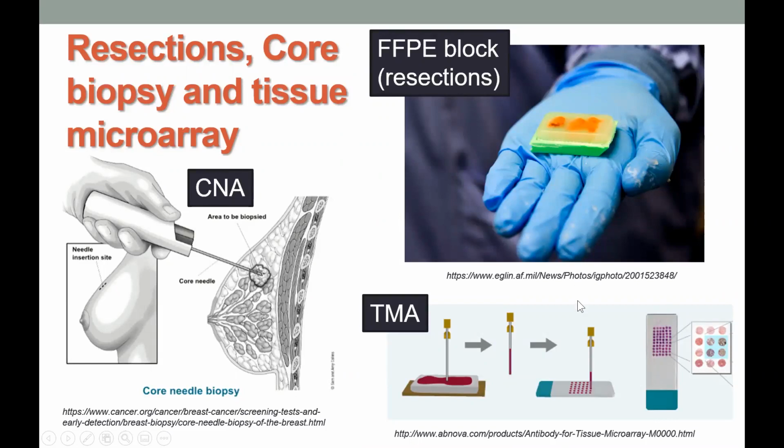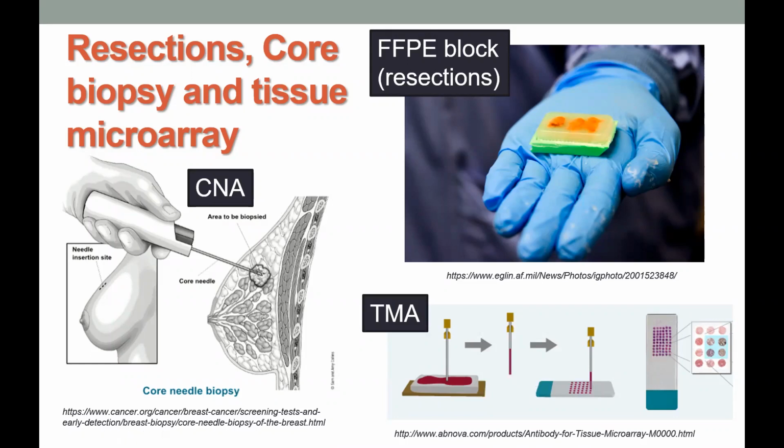But a lot of the time, given the limitation of our power to scan or process samples, we use something like a whole needle biopsy, that's a punch biopsy, as many of you might know. Or from the whole slide section, we can reconstruct a tissue microarray by punching small pieces of tissue and rearraying them into a bigger block, so you can profile multiple samples at the same time.